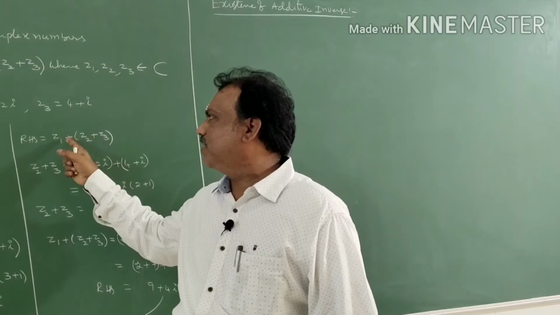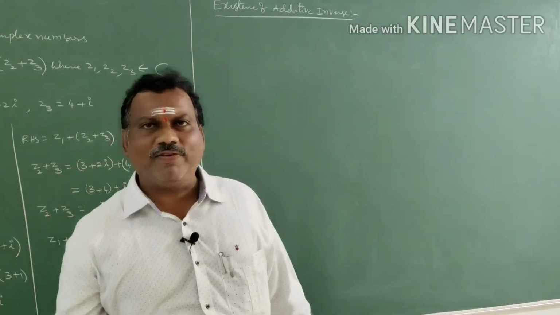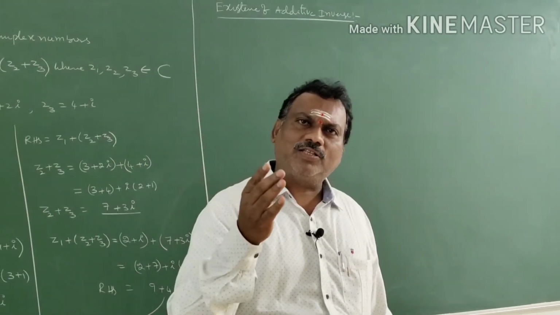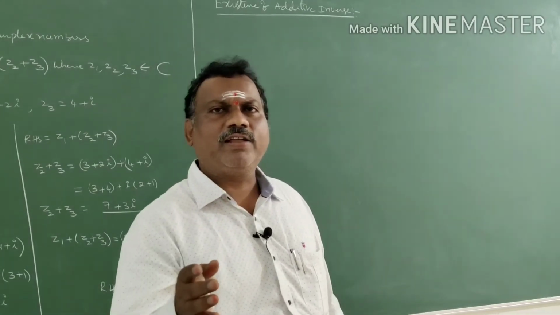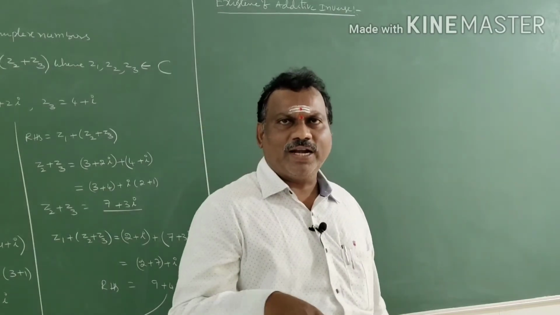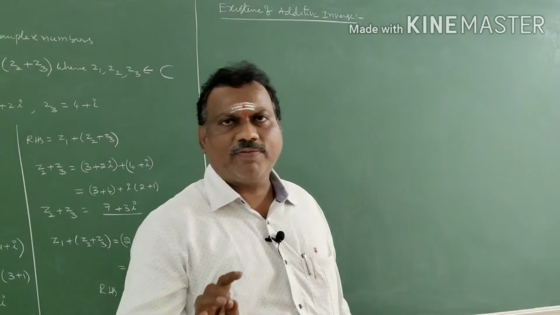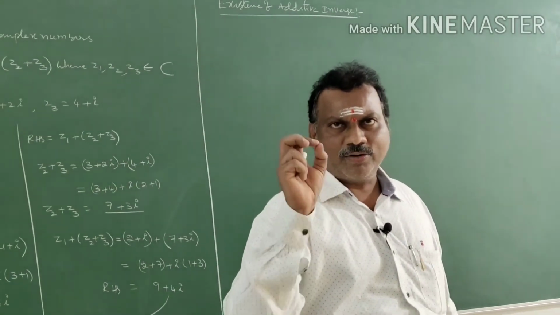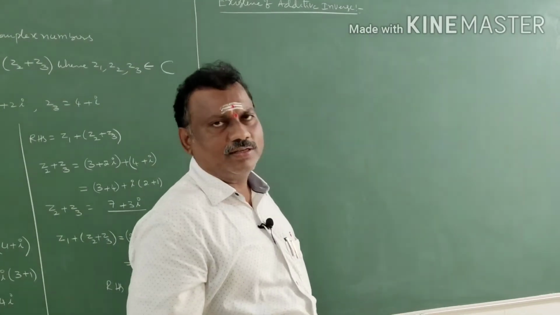Under multiplication we will use the product symbol, Z1 into Z2, Z3. That time I will explain. When we multiply complex numbers, commutative will be there, associative will be there, existence of identity will be there, existence of inverse will be there. That time I will explain in detail. So these are all commutative, associative, existence of identity, existence of inverse under addition only.